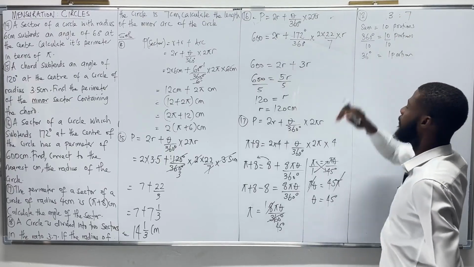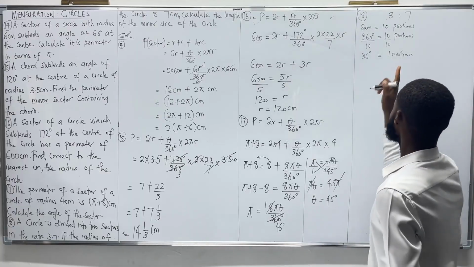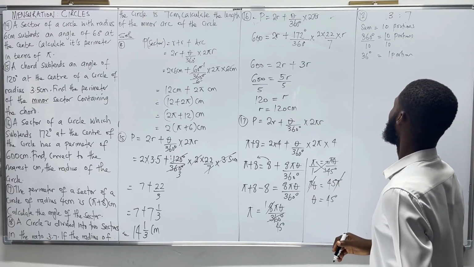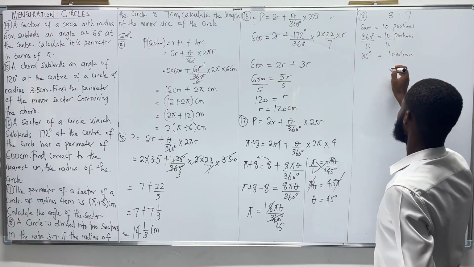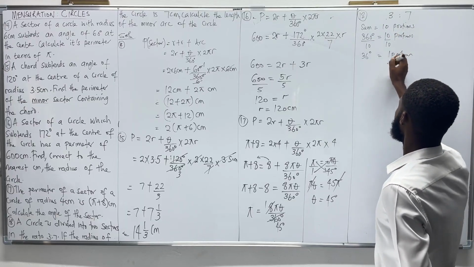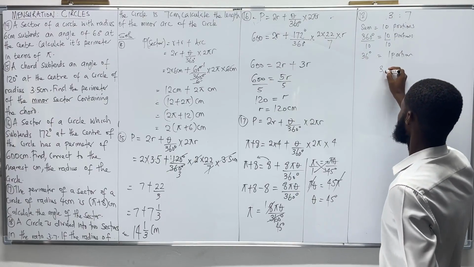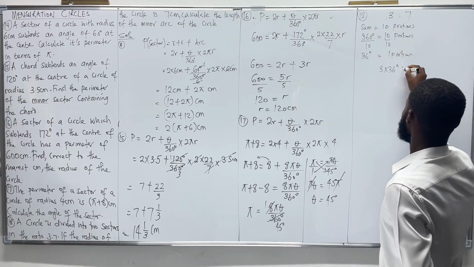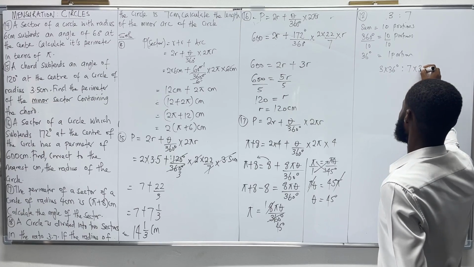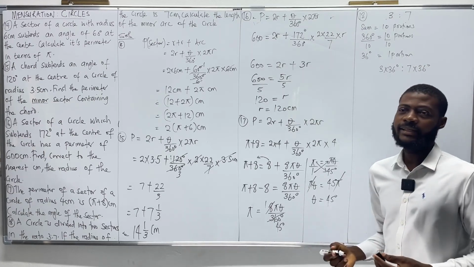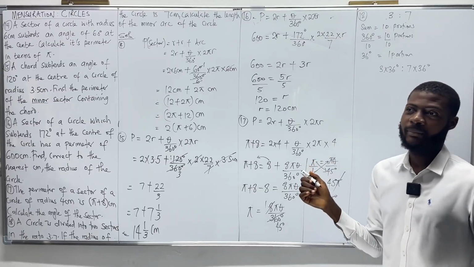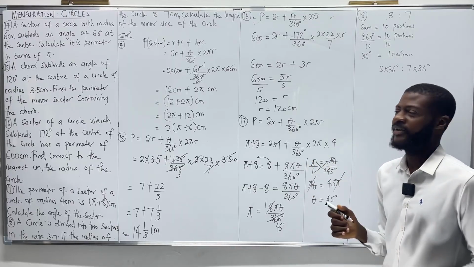So back to our expression 3 and 7. So 3 portions will become 3 times 36 degrees is to 7 times 36 degrees. So this is what we have. Now ideally, there's also another way to solve this problem. You will learn that way very soon.